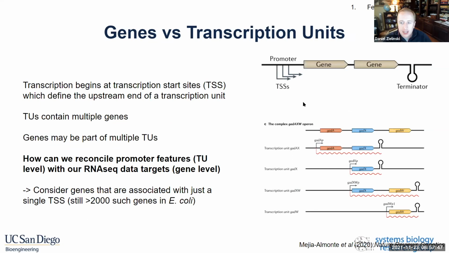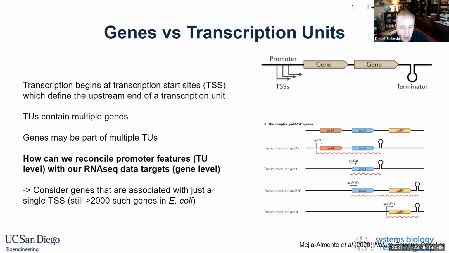The next complication, which I already mentioned, is that transcription unit architecture can be complicated in E. coli. There could be multiple transcription units for a particular gene, some that include one gene, some that include both within an operon, and that was also very difficult to pull apart.